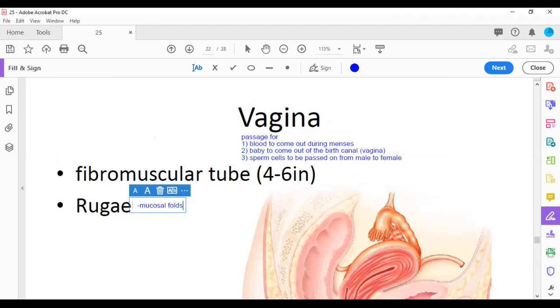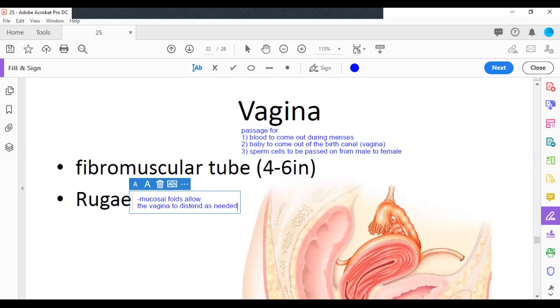Just give me another one that I've taught you guys so far. Good. Urinary bladder. Very good. So the mucosal folds allow the vagina to expand as needed. Okay, I'll leave it at that. All right.